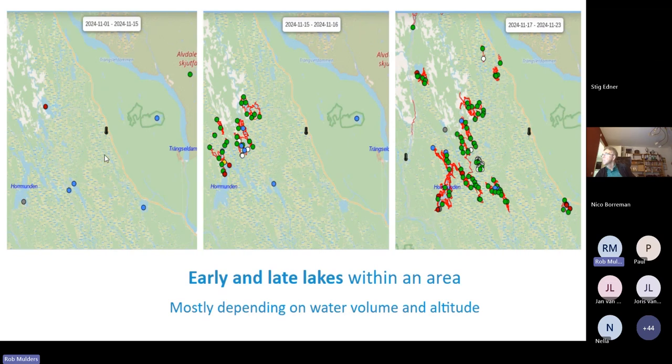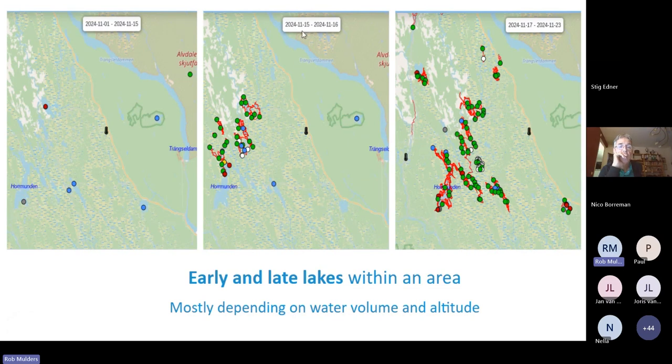But this area here, as you can see, this is the period of the 1st of November to 15th of November. It's only very small lakes with low water volumes that got the first ice. This lake is a little bit better, but it has a red dot because it was only thin ice. And there was a gray dot for Hormunden, the big lake in the area, and that said there was no ice yet.